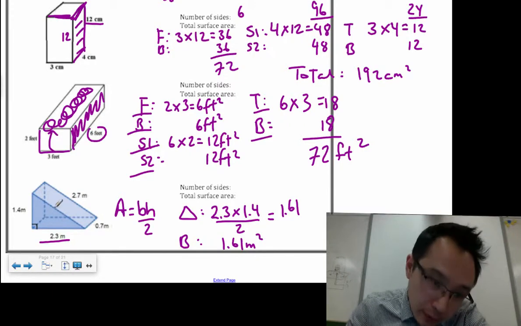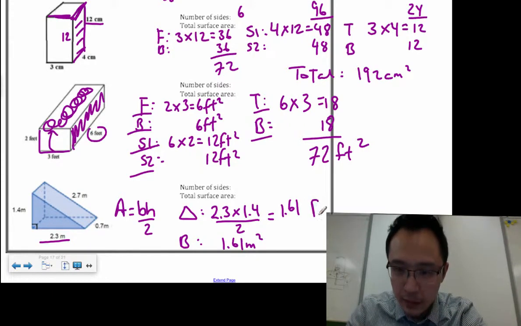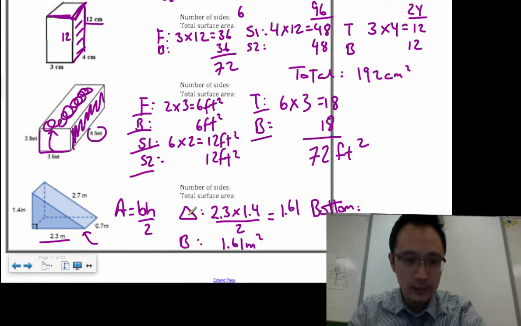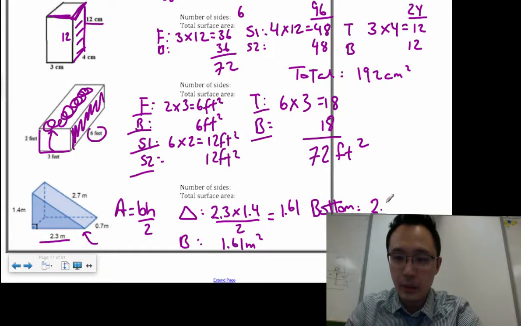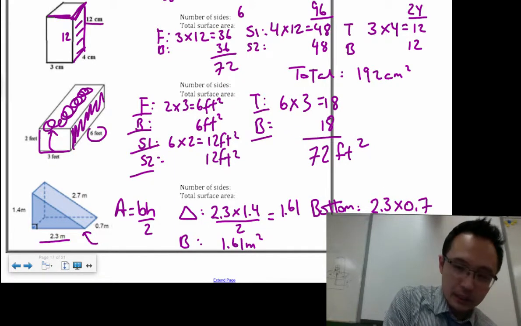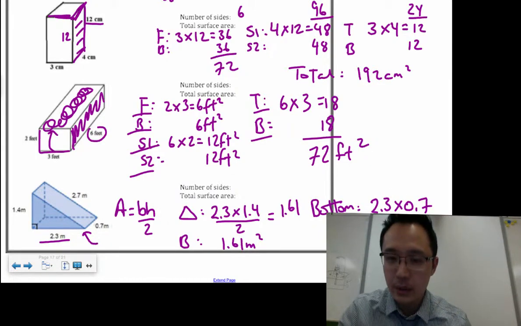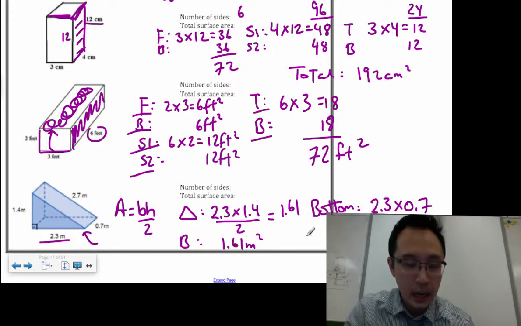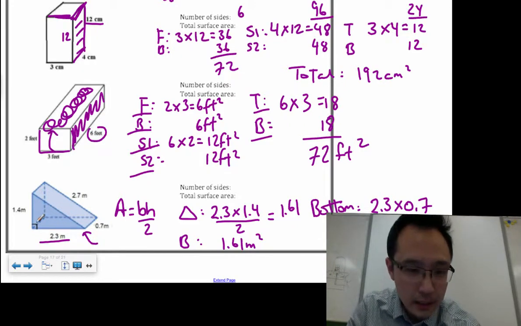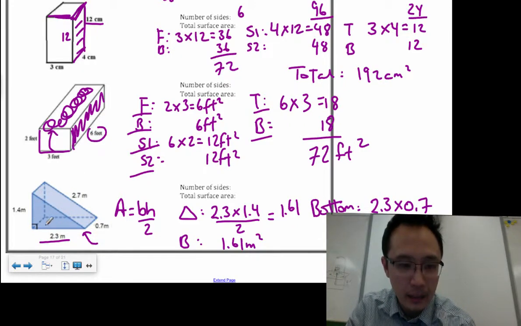Now, for this triangle, I have a bottom. This one has a bottom, which is just sitting on the ground. And that's a rectangle. So it's going to be 2.3 times 0.7, which gives you 1.61 as well. Okay, so do I have all the sides? I have the front and the back and the bottom.